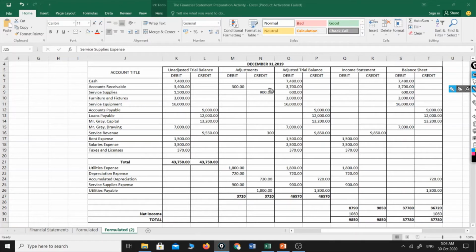For the adjusted trial balance, of course, we will go through every account title one by one. Okay? So therefore, for cash, you have here an adjusted balance of 7,480. See to it if there is a related adjustment here. Of course, there's none. So therefore, we will just copy the amount, 7,480.